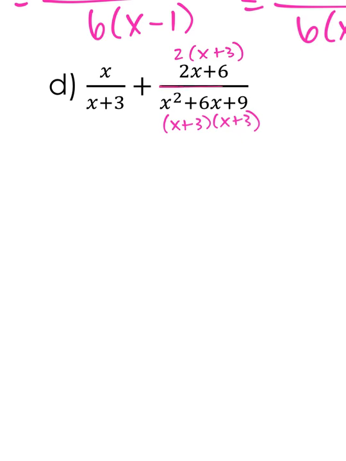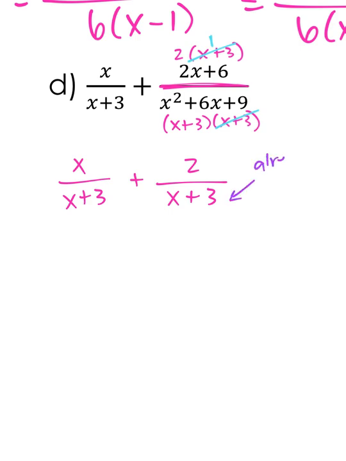Well, with this one, I have a common factor on the top and the bottom of x plus 3. So I can cancel those out. That becomes a factor of 1. So now I have x over x plus 3 plus 2 over x plus 3. So here we already have a common denominator.